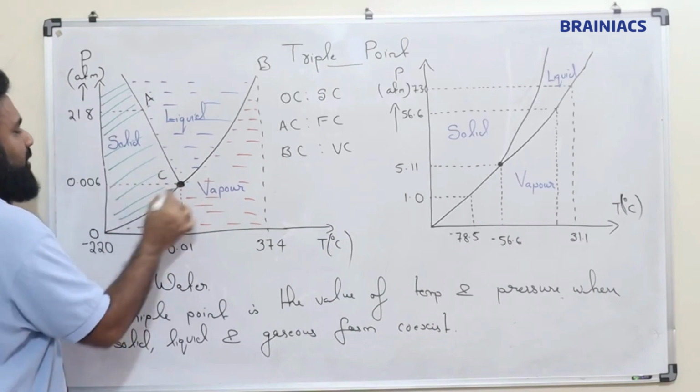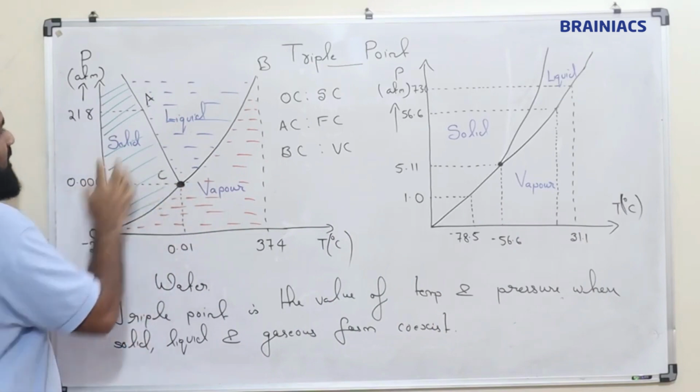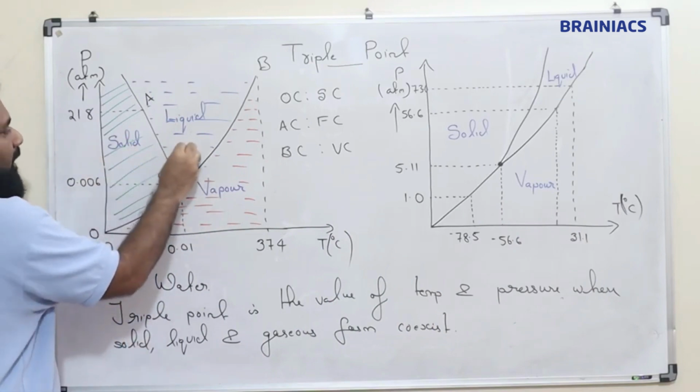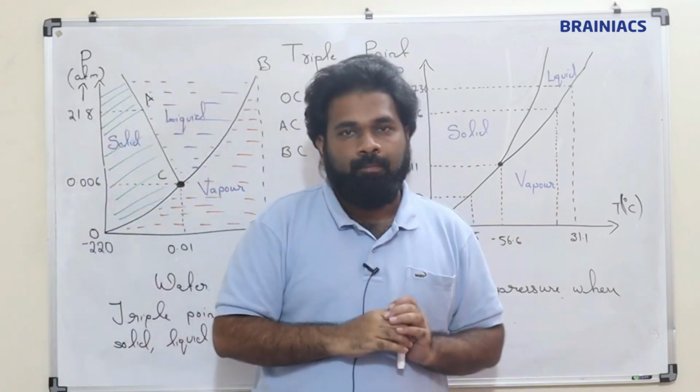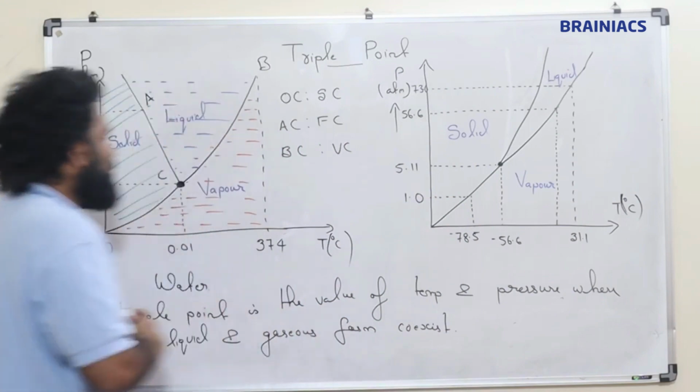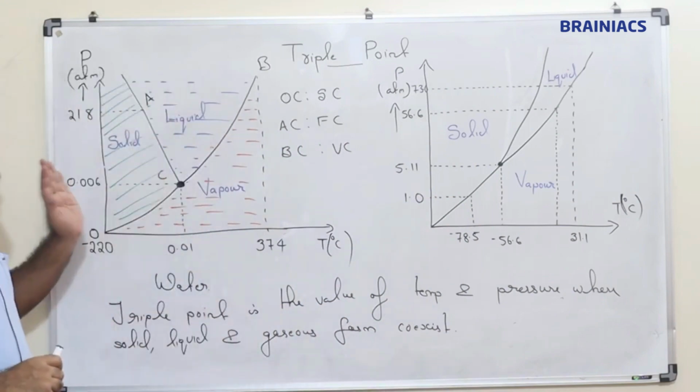So at this pressure and temperature, you can see solid, liquid and vapor, all three forms will be there. Okay, clear. Now we will analyze this graph.